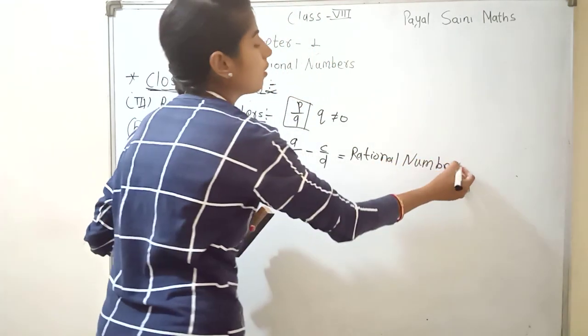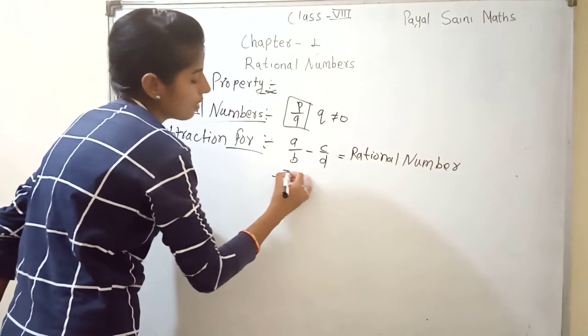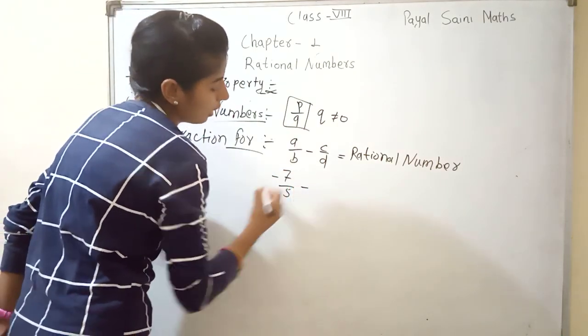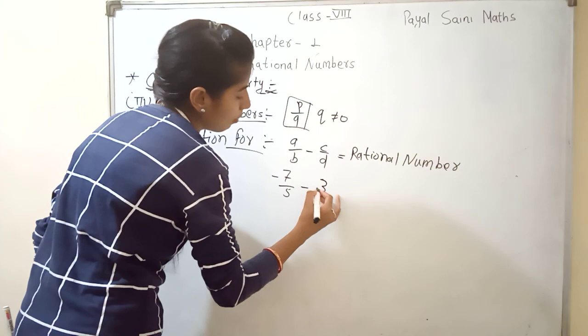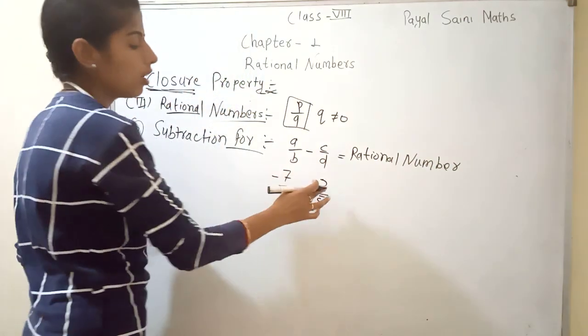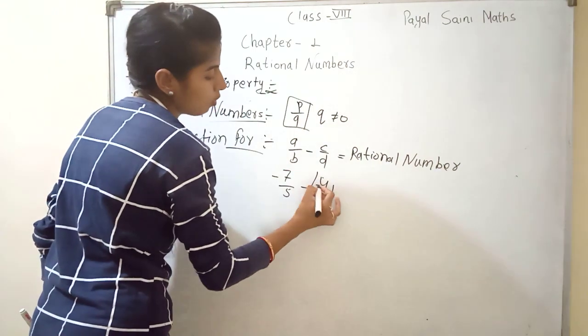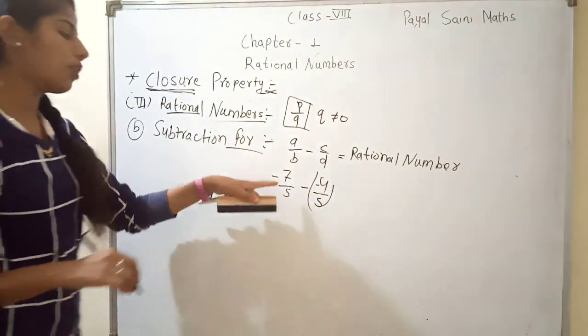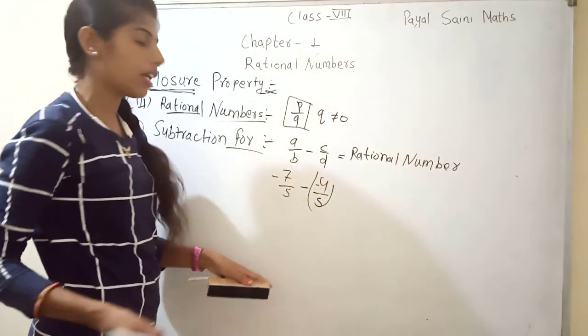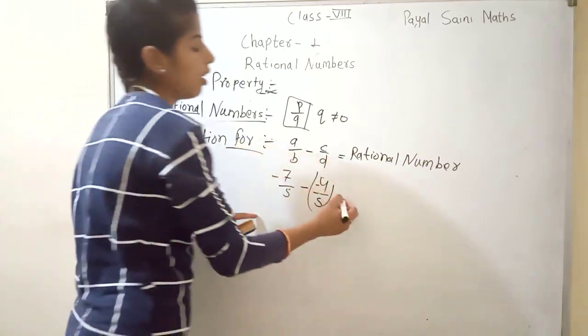I write here, for example, minus 7 by 5 minus of minus 4 by 5. Now you can see your operation sign is minus and the second number is also given in minus.